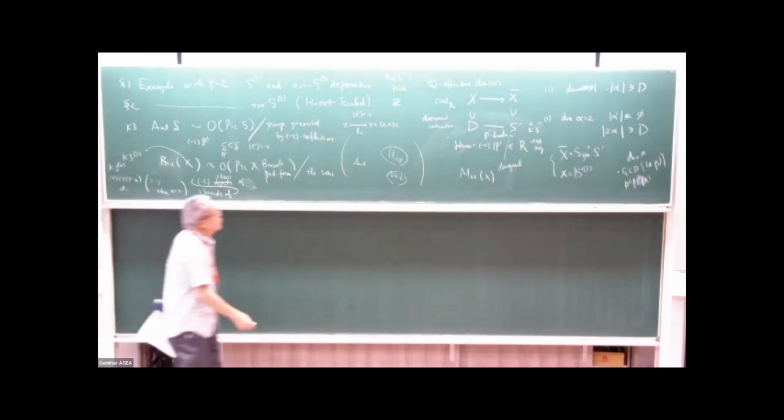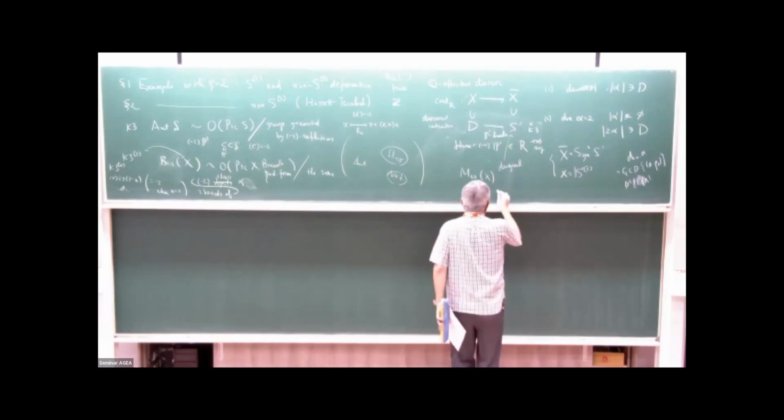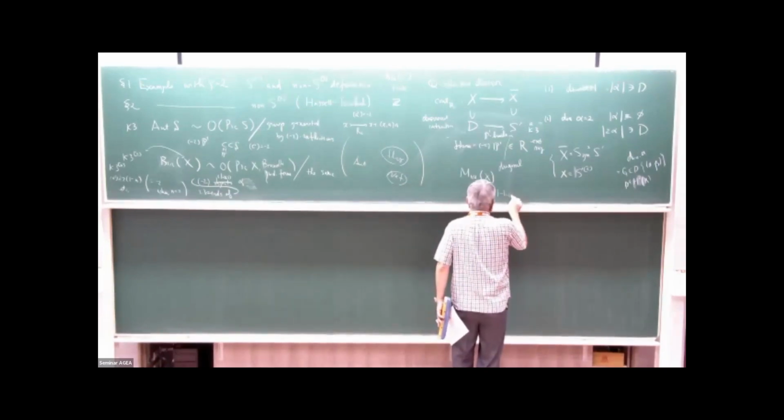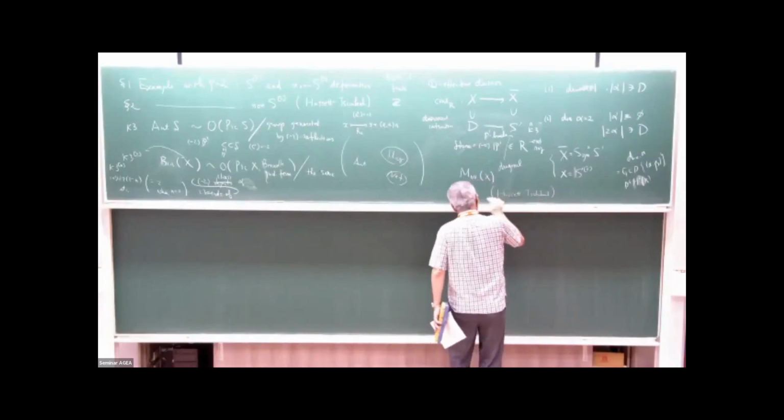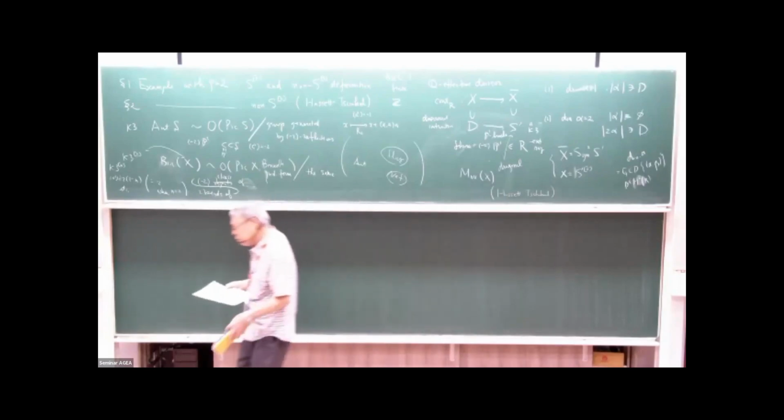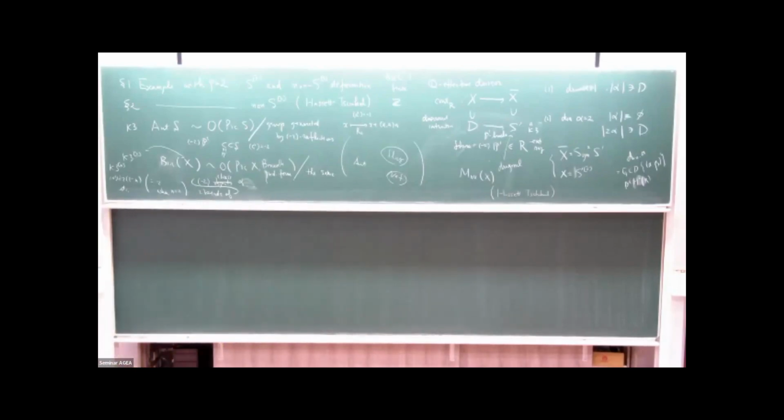I learned this from some paper of Hassett and Tschinkel. I don't know who first proved it. This is a classification of extremal rays of holomorphic symplectic manifolds.